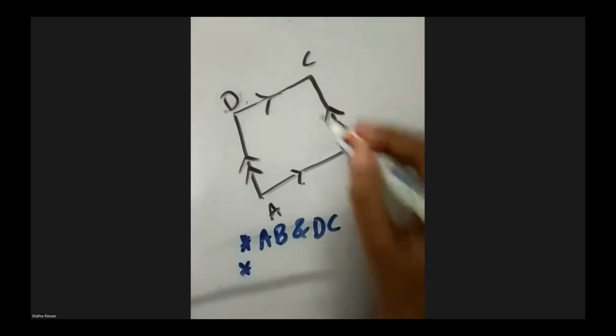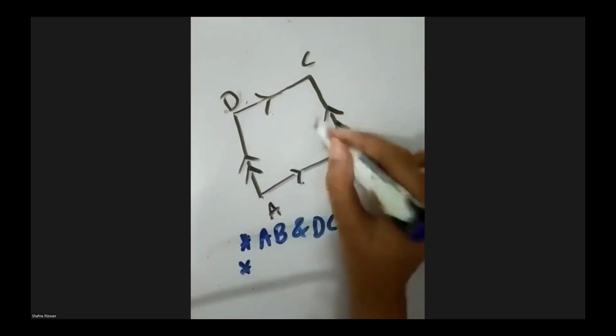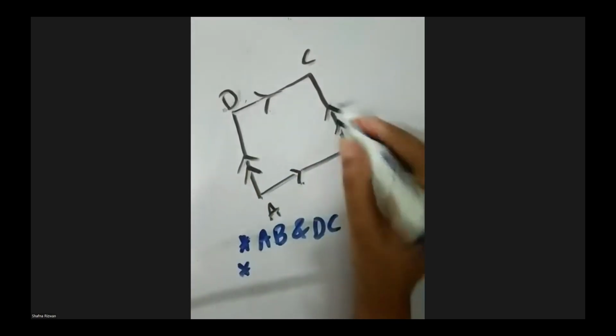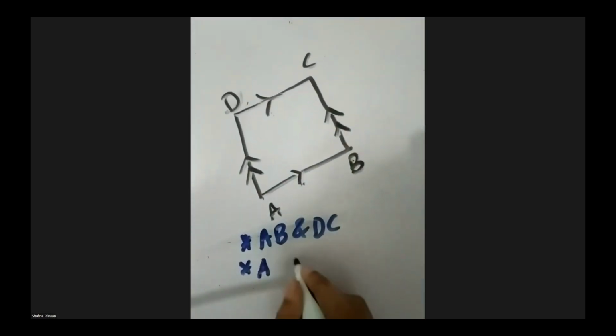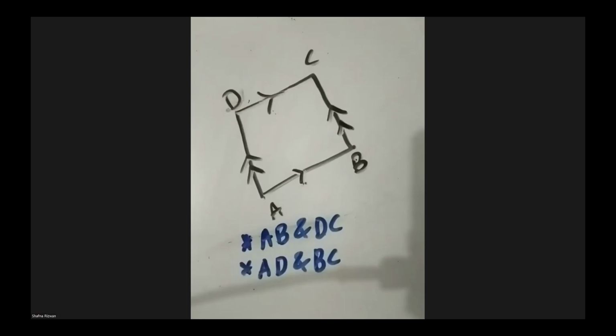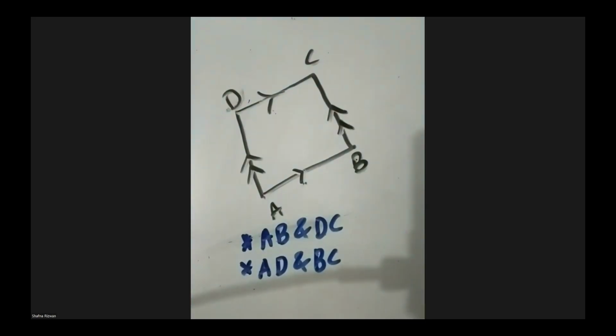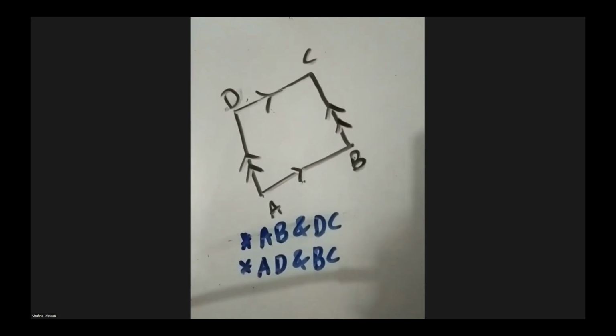Where is the other pair? Now see here, this line is parallel to this line, right? See, two arrows are there. AD is parallel to BC. So what is the other pair which is parallel to each other?